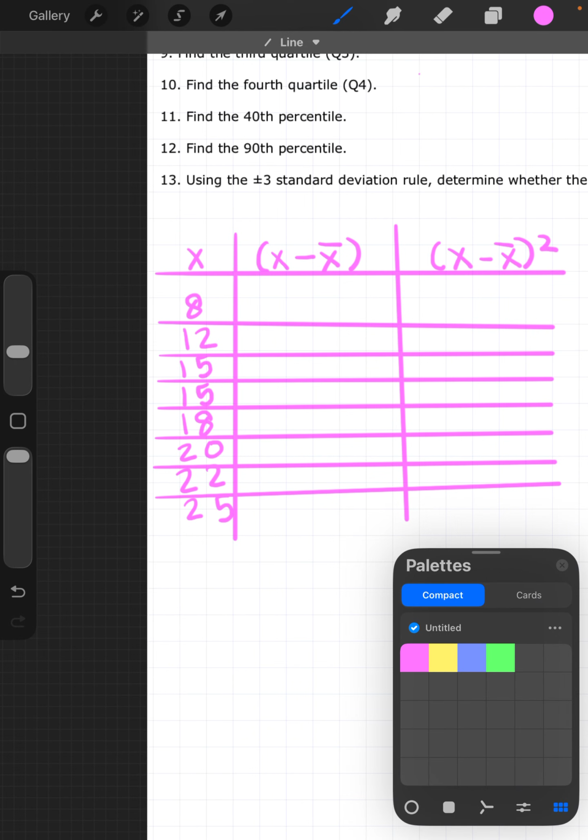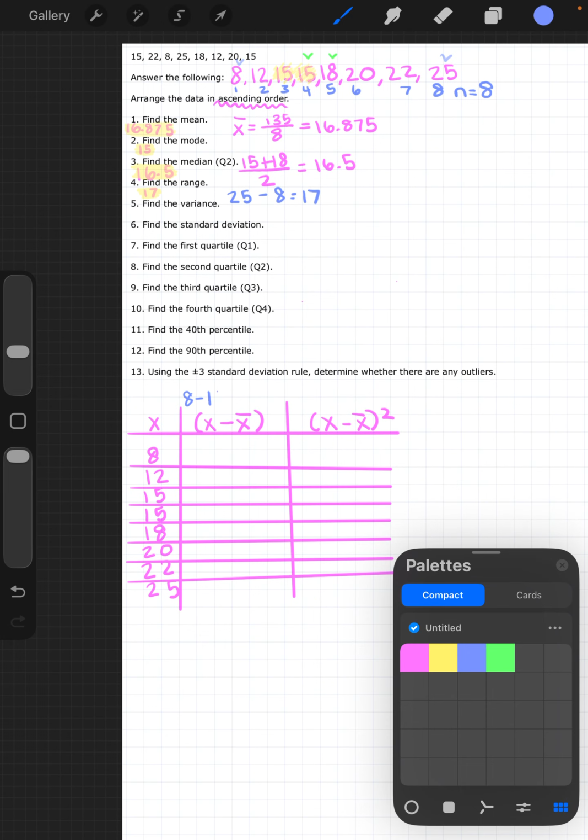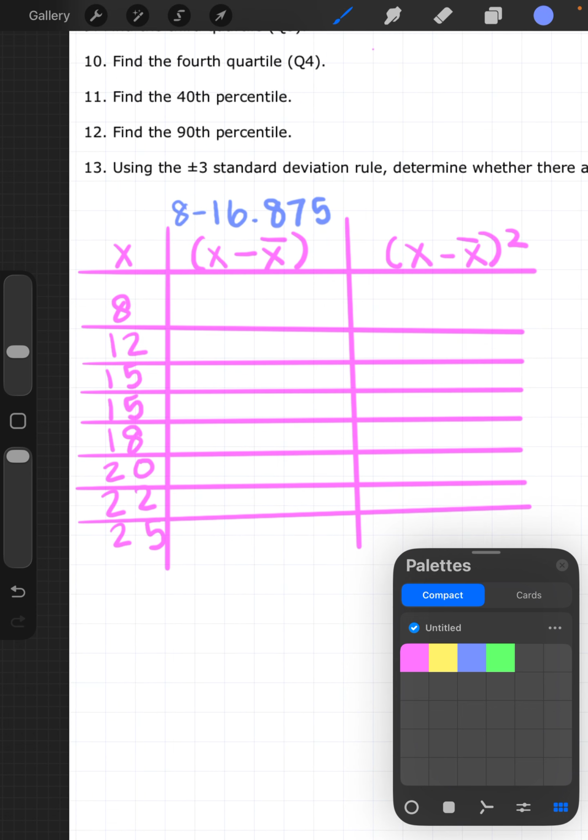Okay, so x minus the mean is going to be 8 minus our mean, which was 16.875, and that should be negative 8.875. And once you get the hang of it, it's not going to be hard. It's just going to take time to make sure you got it right.